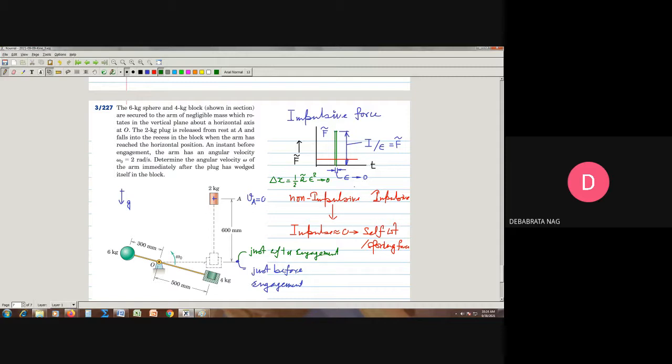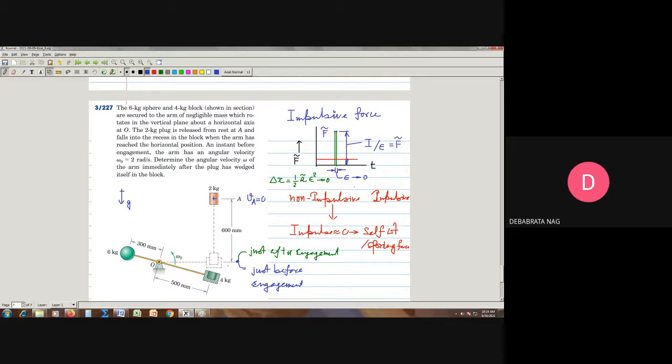So this is our system. Just before engagement, we express it with the blue line, and immediately after engagement we write it in the green line.